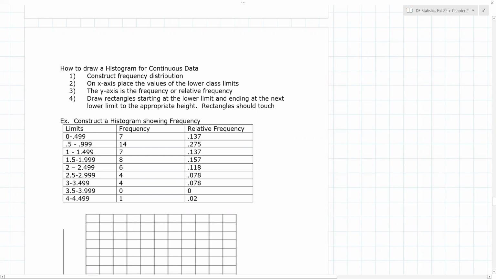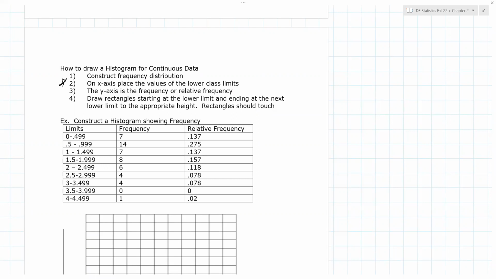Next, we are going to create a histogram for our continuous data. Couple things you need to remember. Number 2, on the x-axis, we put the values of the lower class limits. That's the only thing that shows up on the x-axis.